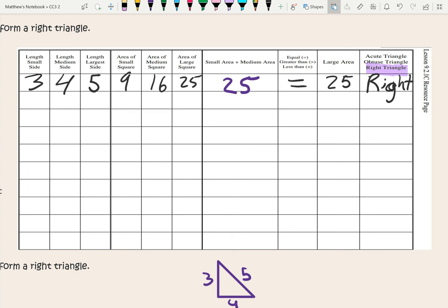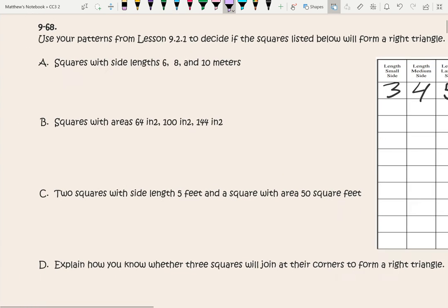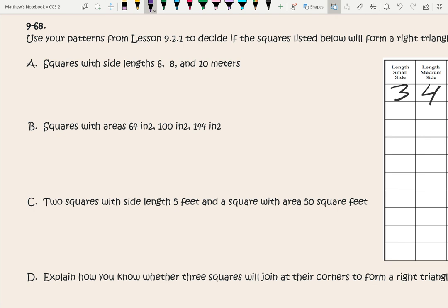All right, and so hopefully that jogs some memories from yesterday. We've got 9 plus 16, that gave us 25. Then we compared it to the area of the largest square. And since the area of the two medium squares was equal to the area of the largest square, then it created a right triangle. So that's what we know it has to be today.